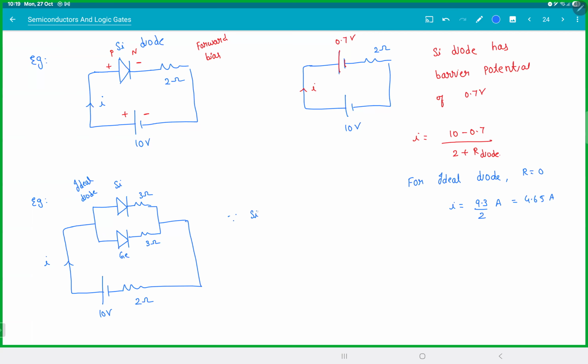Remember, a diode will work only if you exceed the barrier potential.